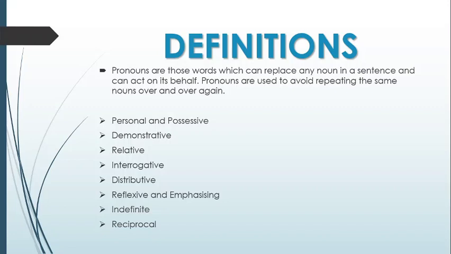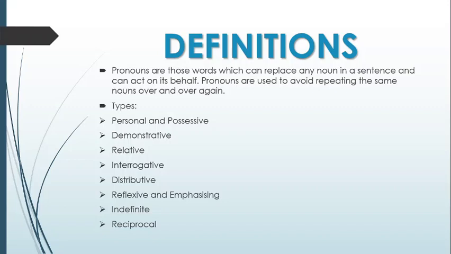So basically, what you do in your writing or in your storytelling or whatever, you use a name once and then you use a particular word in the place of that name, representing that person or the idea, obviously. So, this word that you use in place of the noun which you used before is called a pronoun.